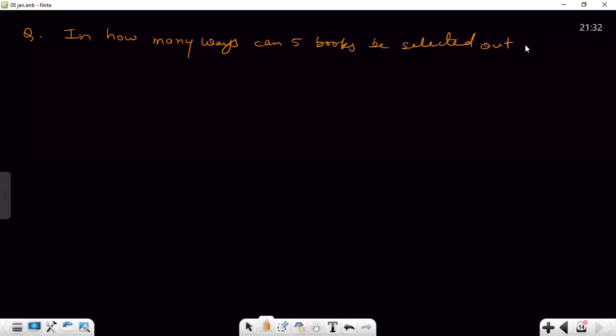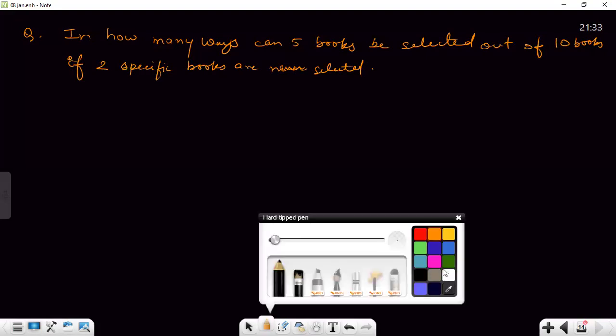We are selecting books out of 10 books. If 2 specific books are never selected. So that's a simple question of combination.